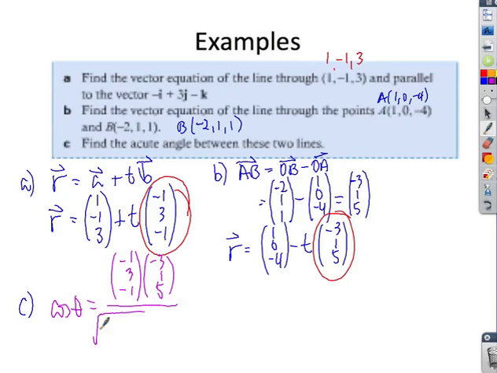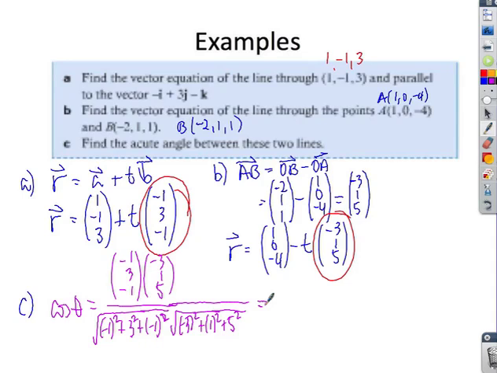So this is the root of -1 squared plus 3 squared plus -1 squared, multiplied by the root of -3 squared plus 1 squared plus 5 squared.